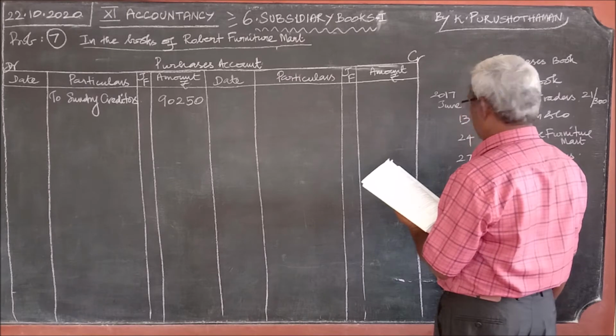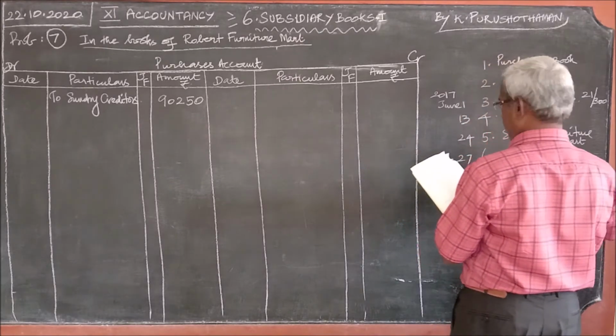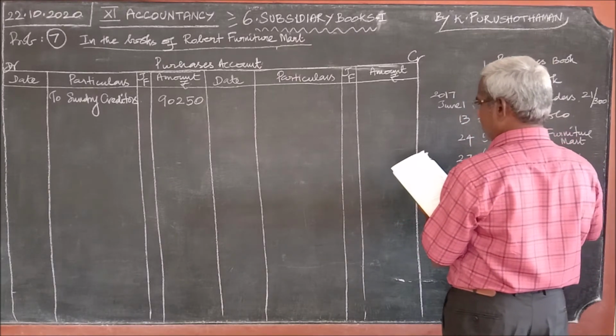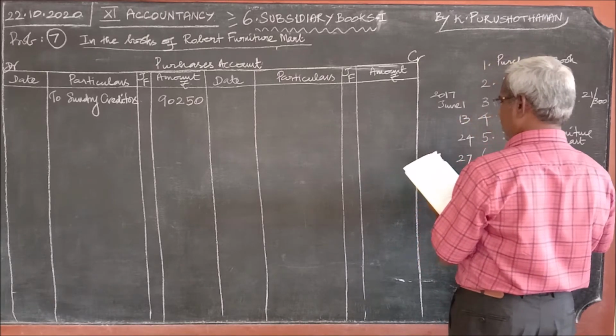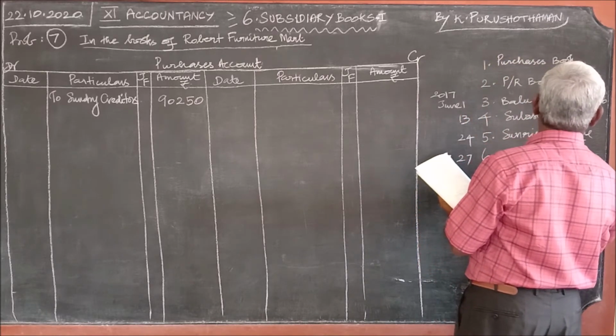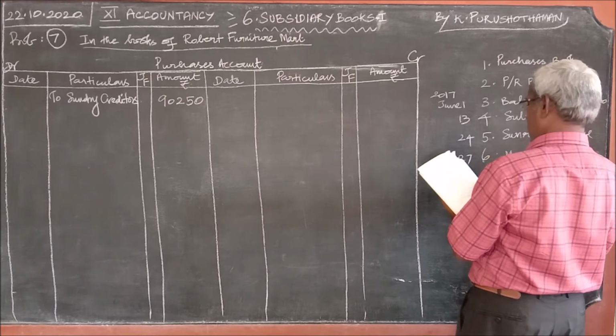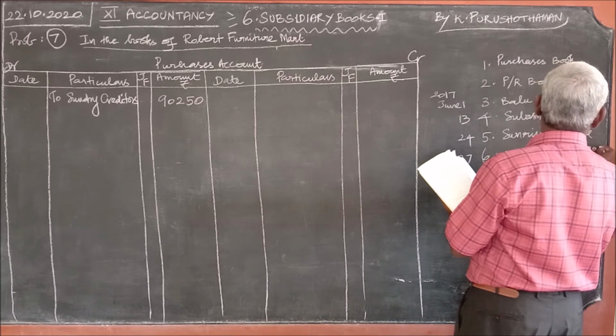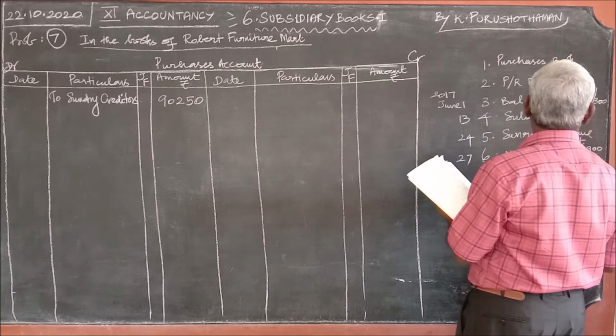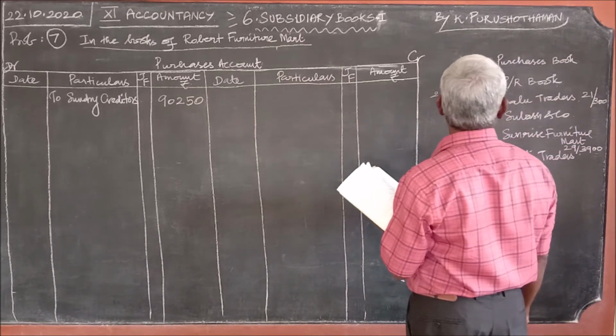And to Sunrise Furniture, on what date? 29th. Valued 3,900 returned.